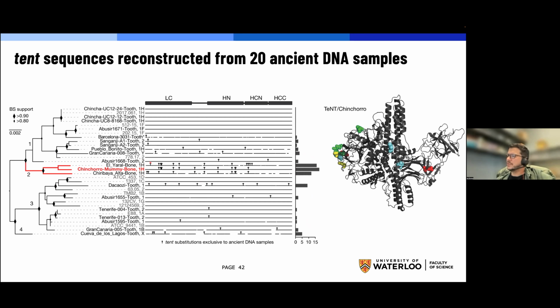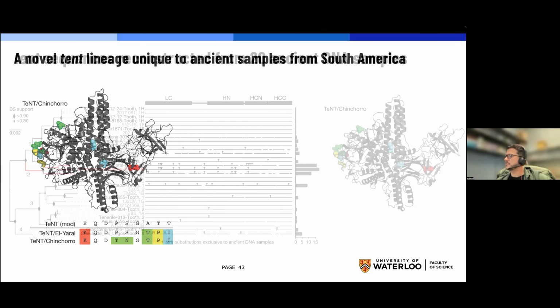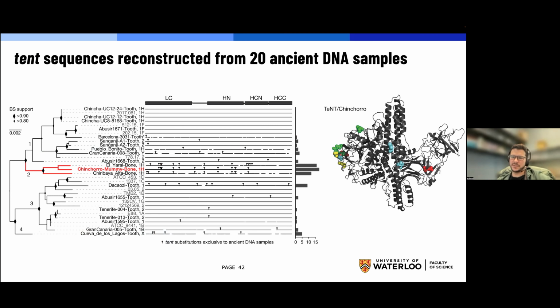What you can also then do is take these SNPs and see which SNPs result in amino acid substitutions, and you can plot the location of those substitutions on the tetanus neurotoxin structure. We see an interesting pattern where a lot of these mutations seem to be clustered on one external face, a surface exposed region of the tetanus neurotoxin structure.